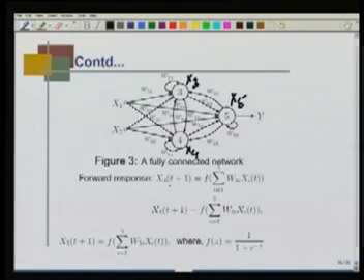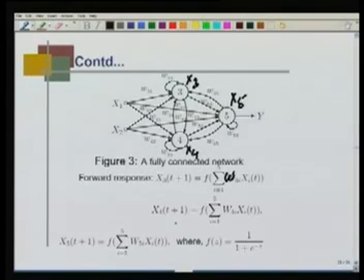So, x3(t+1), the response of node 3 at the next time instant, is a sigmoidal activation function f of the summation of w3i xi(t).